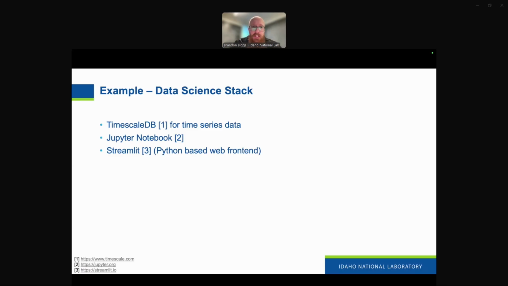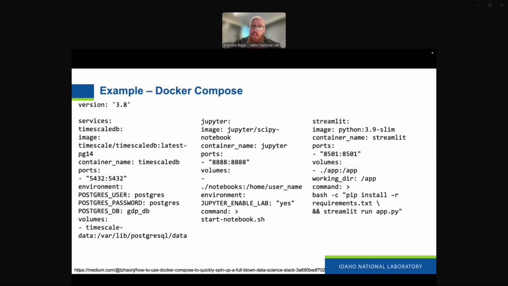So we've got three utilities in our little stack here that we want to set up. This is, again, a lot of text, but this is an example of what a Docker Compose might look like. I've tried to split it up just a little bit so that we can see each of the main containers that would get set up, each of the main services, right? The first one, of course, would be timescale.